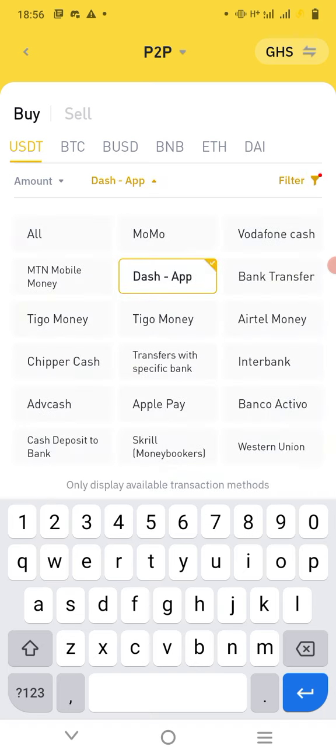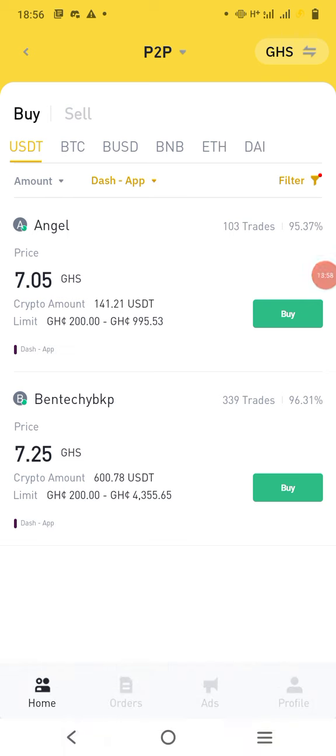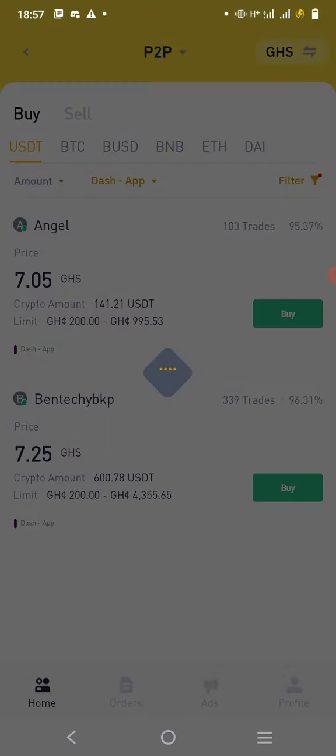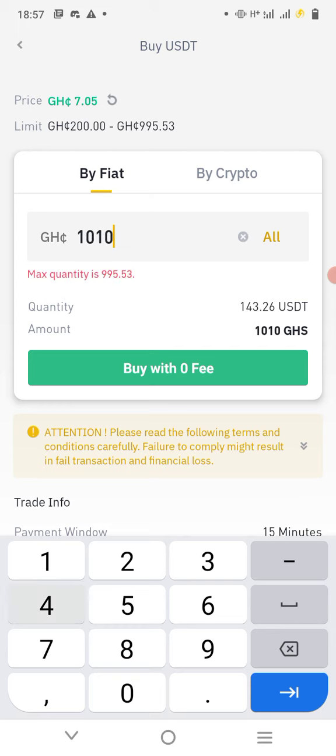The first one here is Dash app. For Dash app, you'll be buying at what rate? You can see the person's rate here is 7.05. If this is what you want, fine, but that amount is too small. I will just assume that this person has up to the amount I'm looking for, 10,104.